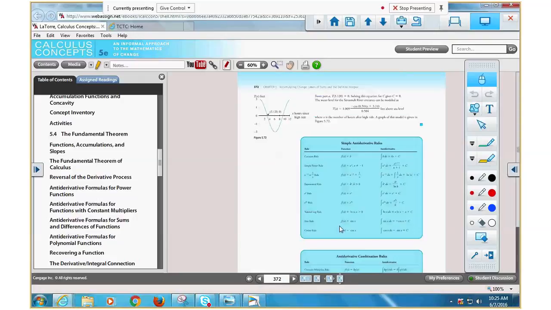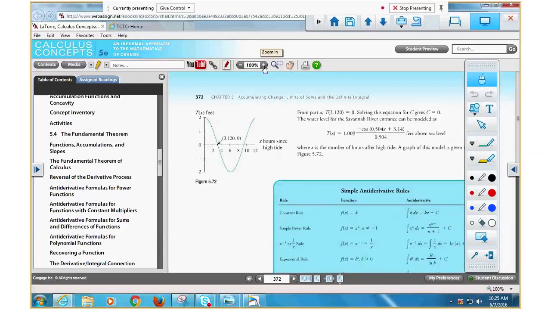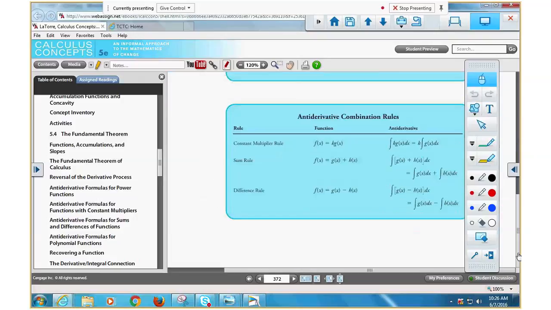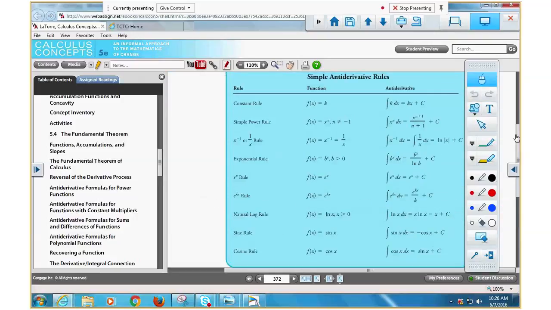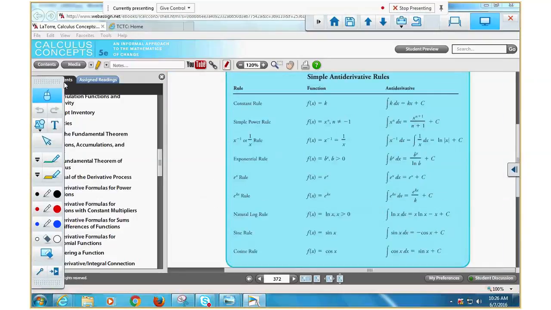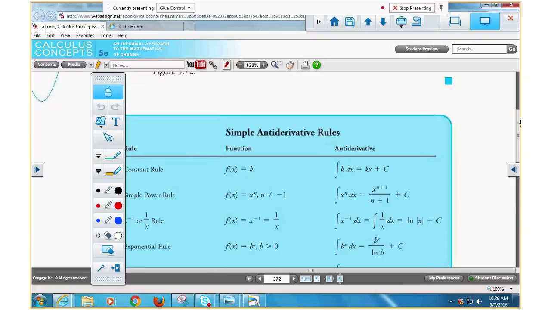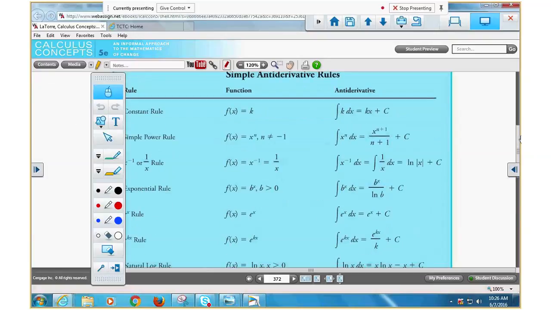There it is. That was what I was trying to pull up a while ago. What I'm going to do is move it over and pull it down so you can see it.